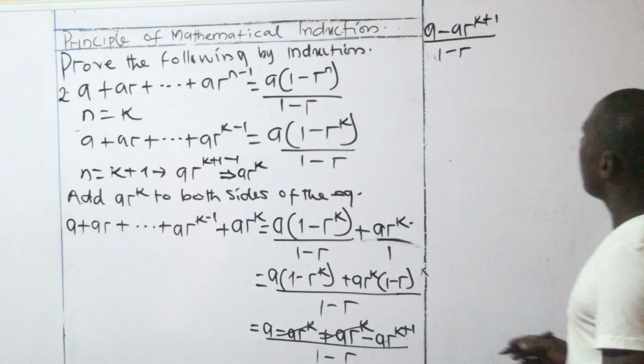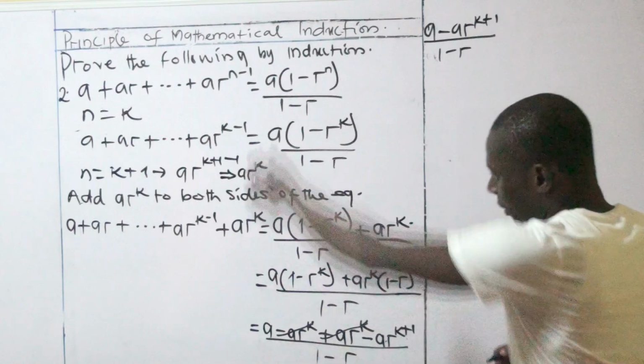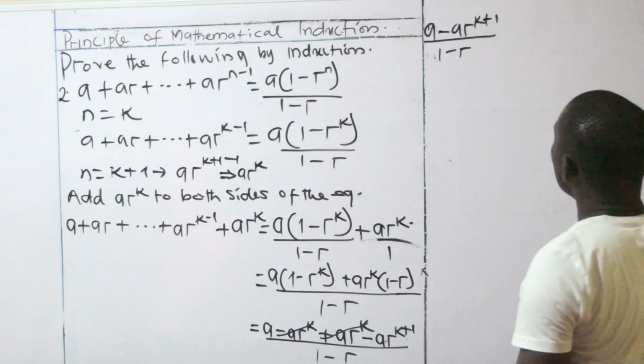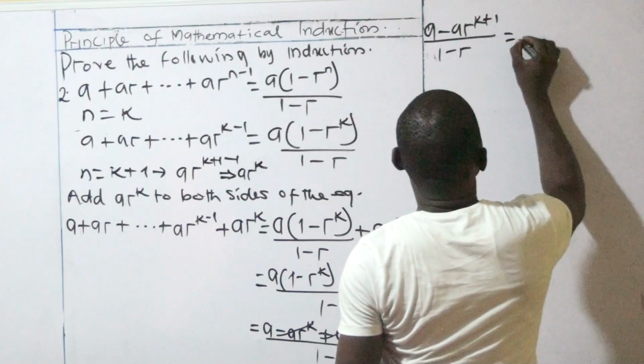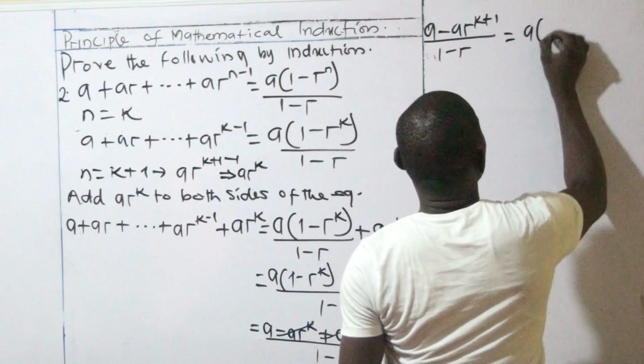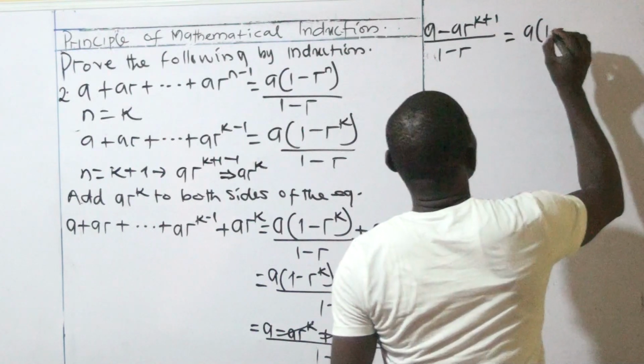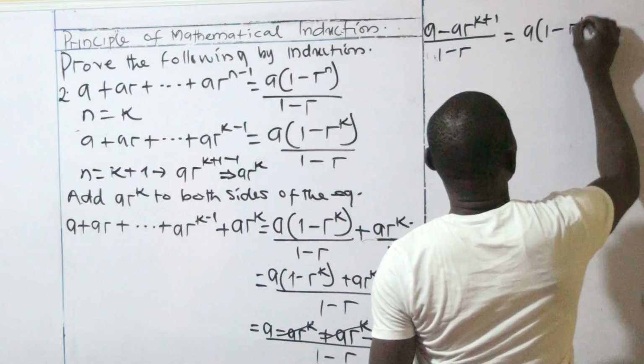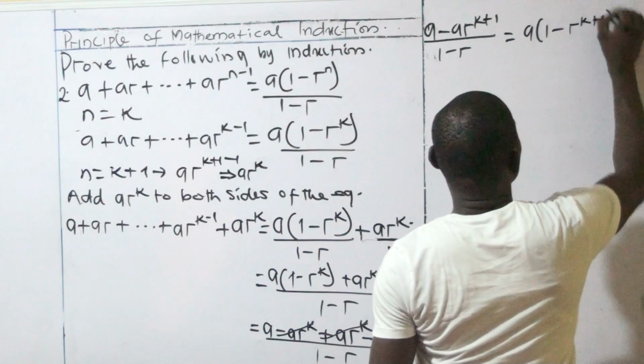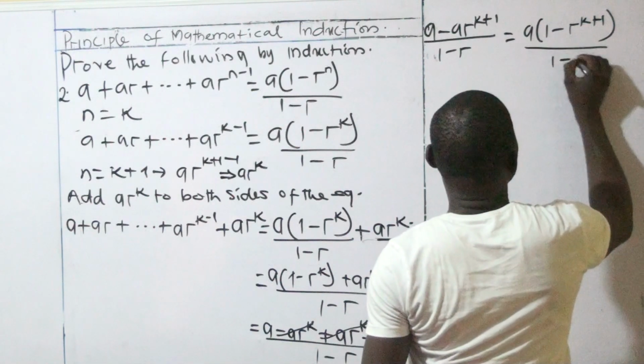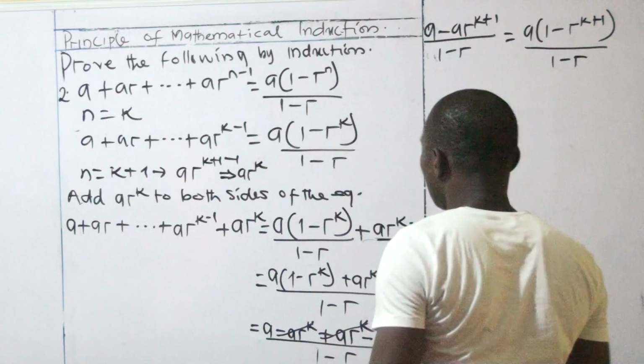So we can also simplify further: this is a bracket 1 minus r raised to power k plus 1 all over 1 minus r.